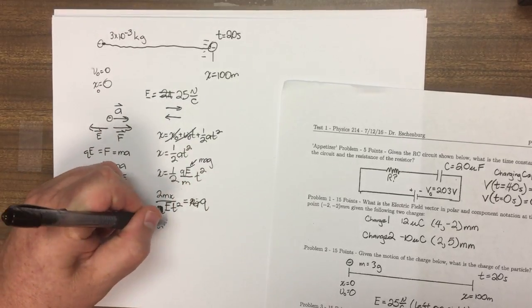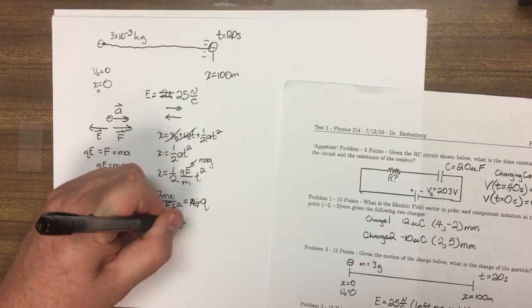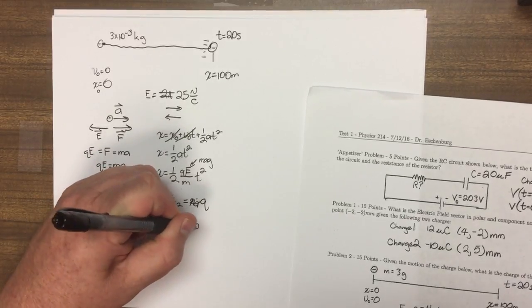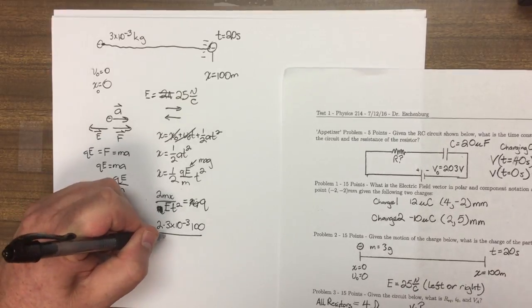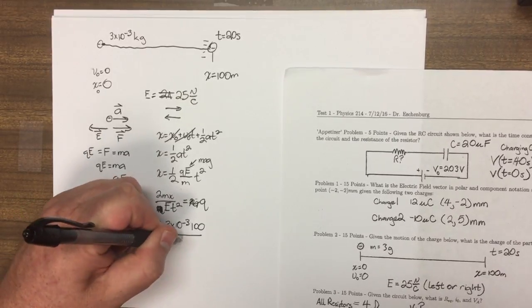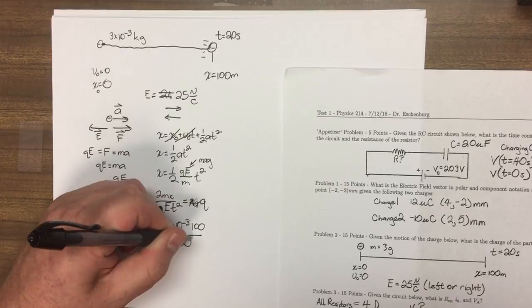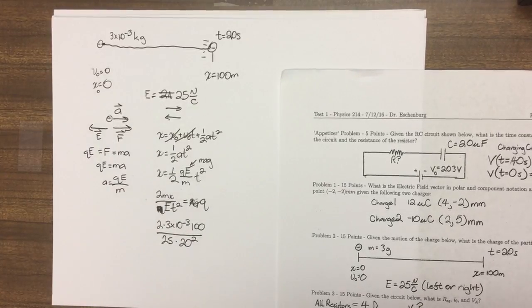So 2 times 3 times 10 to the negative 3. X is 100 meters. E field is 25. Time is 20, so 20 squared. This brings you to 200 times 3 times 10 to the negative 3, divided by 25 times 400.